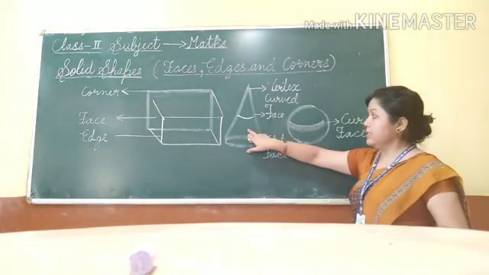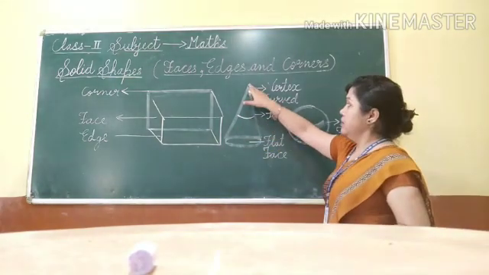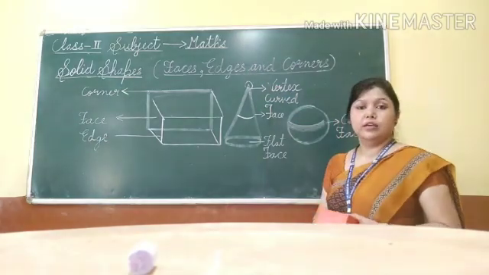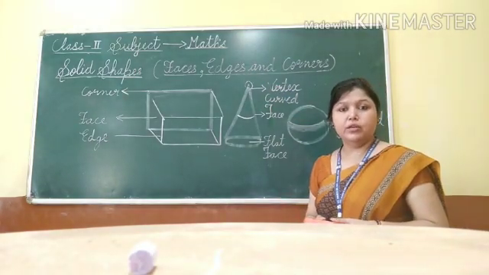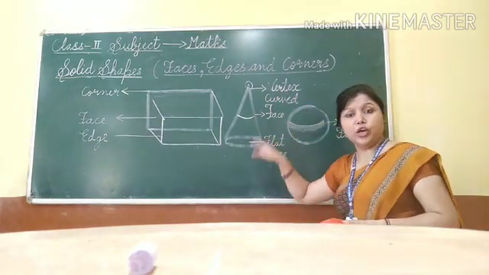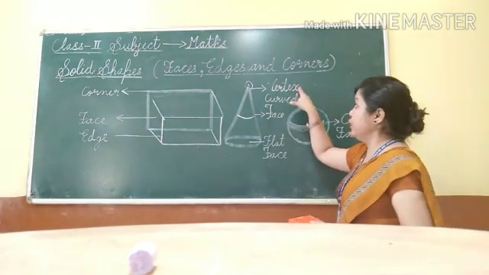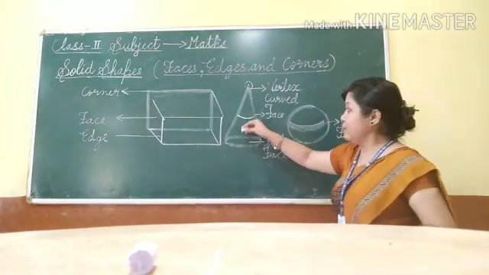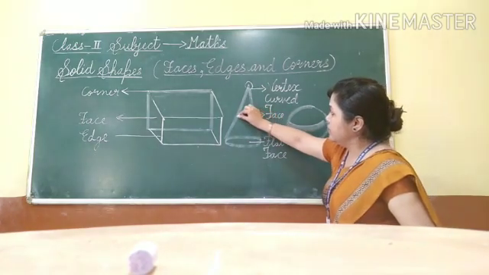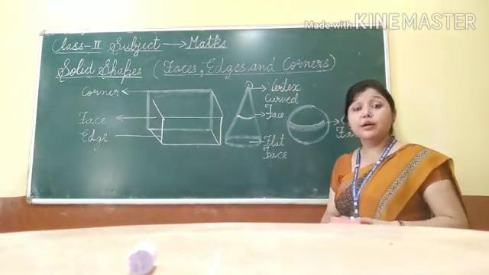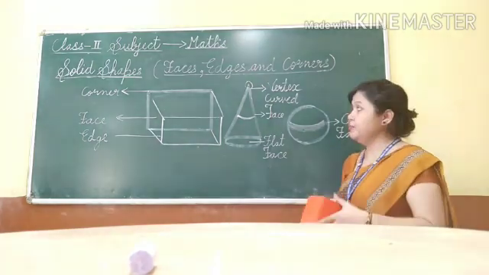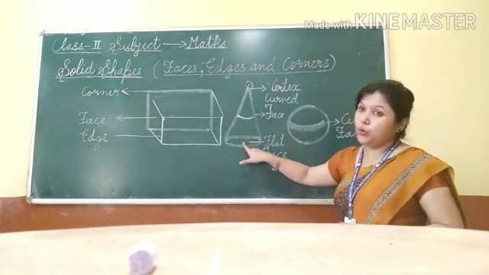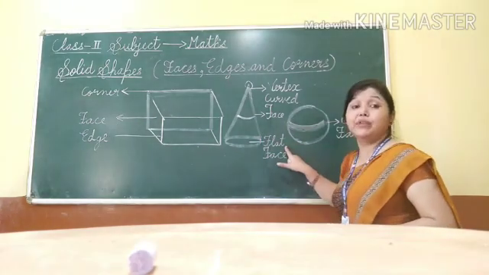Now you can see this is a cone and two lines are joined here. So you can say corner or vertex. In solid shapes you can say vertex. Now this is the shape of a cone, and when we draw a line, we find a curved face. In a cone, we find a curved face, and the base of a cone is a flat shape.